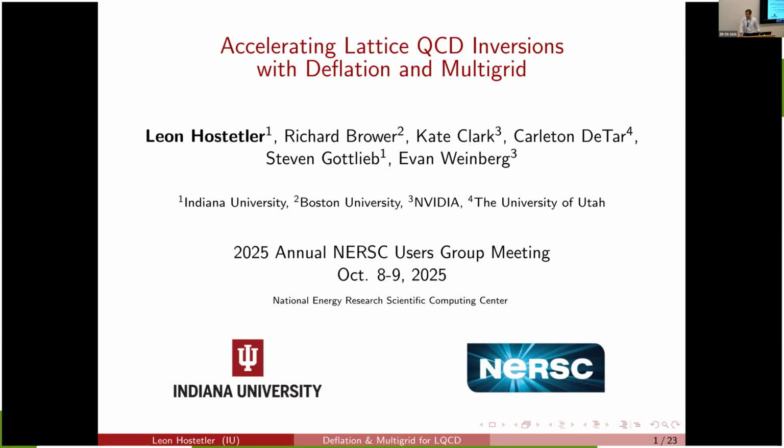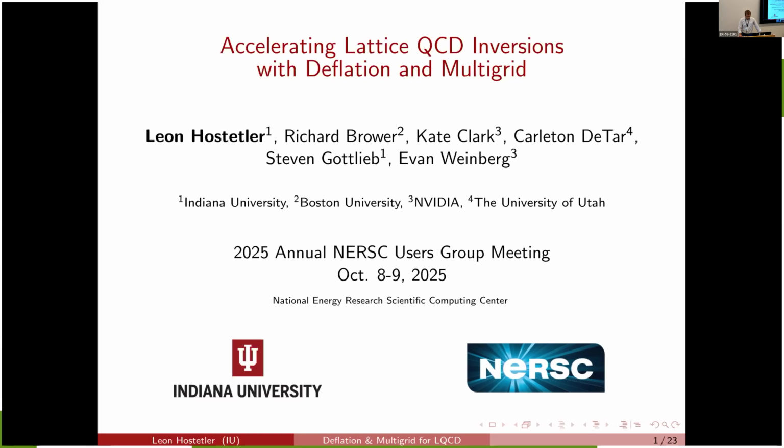And today I'd like to talk about our work accelerating lattice QCD inversions using multigrid and deflation. This is not just work that I did entirely on my own. The people listed on the slide here were very heavily involved. Of particular interest, I'd like to point out Kate Clark and Evan Weinberg.